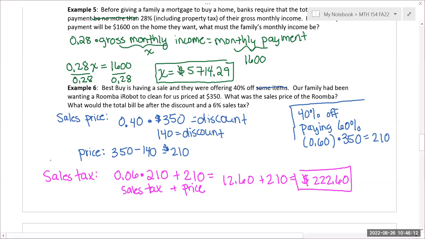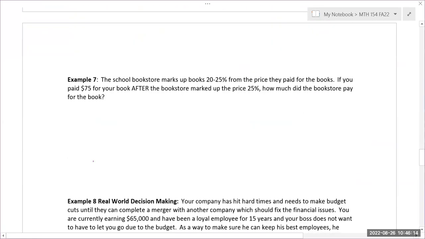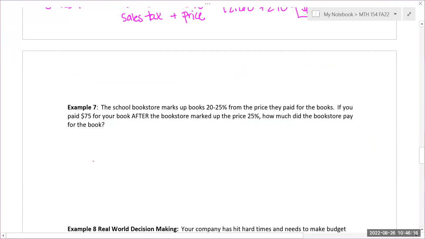All right. And then the last one for this one, bookstore marks up your books 25% from what they paid. All right. So you paid $75. They marked up the price 25%. What did they pay? So when you're working on this problem, the bookstore had to have paid less than 75 or they don't make money.